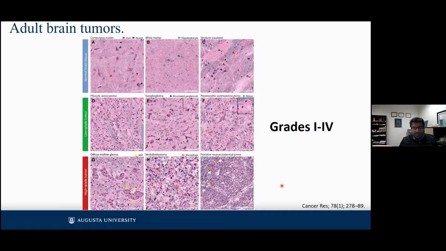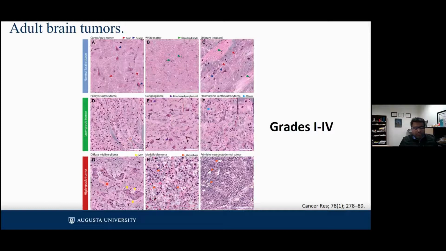traditionally, for all these years and decades, have been classified into grades, grade 1 to 4. And this is how normal brain tissue would look like, and low-grade tumor and high-grade tumor, as you can see, mostly depending on the site as well as the cell type of origin. You can have a pilocytic astrocytoma, ganglioglioma, a pleomorphic xanthoastrocytoma, which probably will fit in your low-grade tumors.